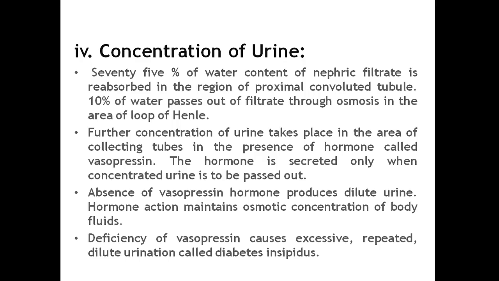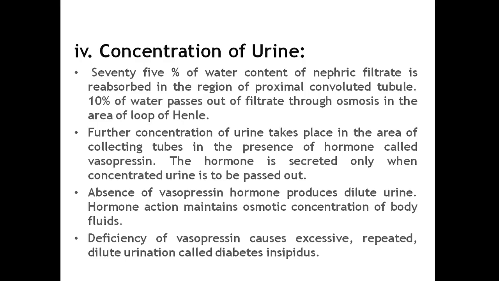Vasopressin helps in reabsorption of water in the renal tubule. The main function of this hormone is reabsorption of water, so that it maintains the osmotic concentration of the body. That means it maintains the fluid balance and the concentration of electrolytes.